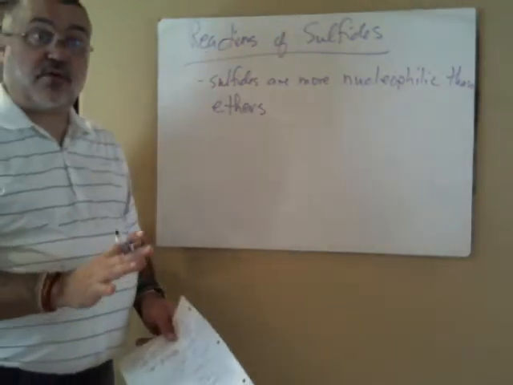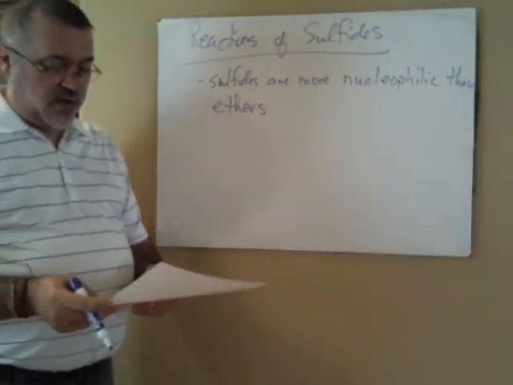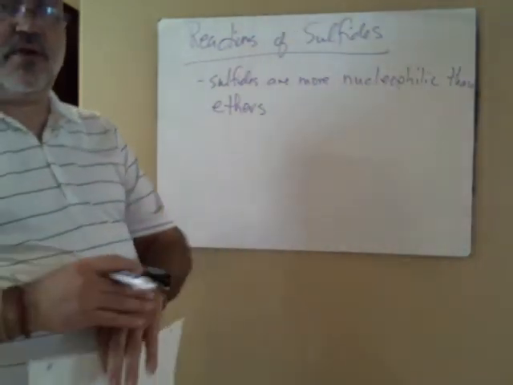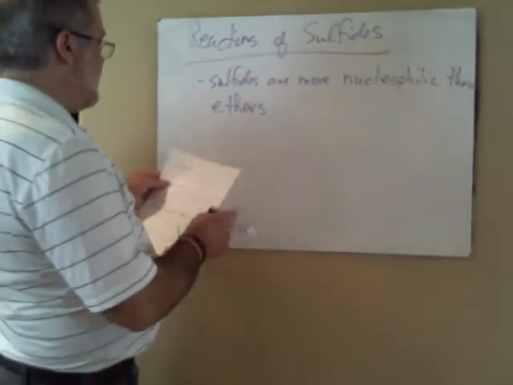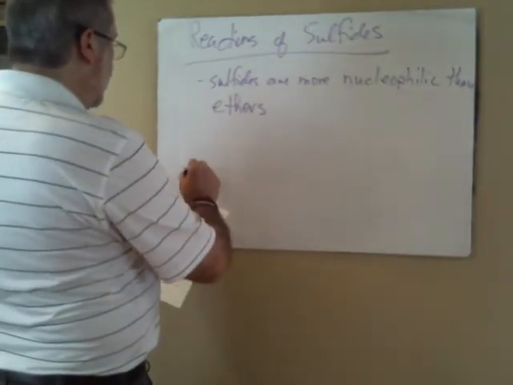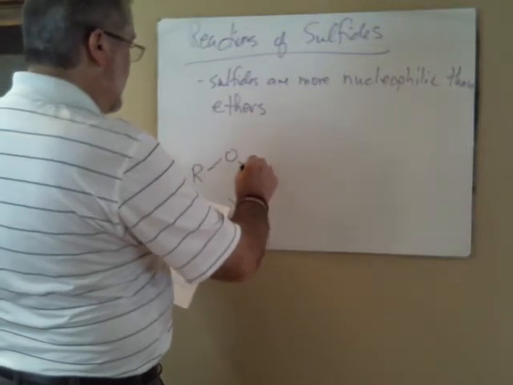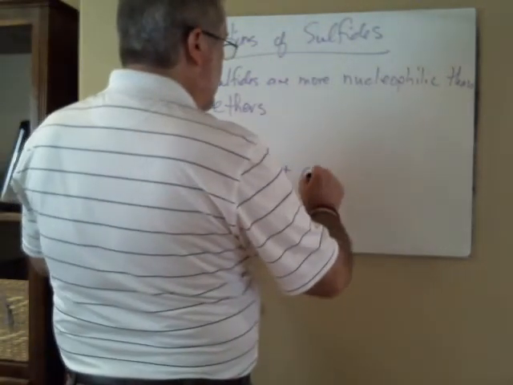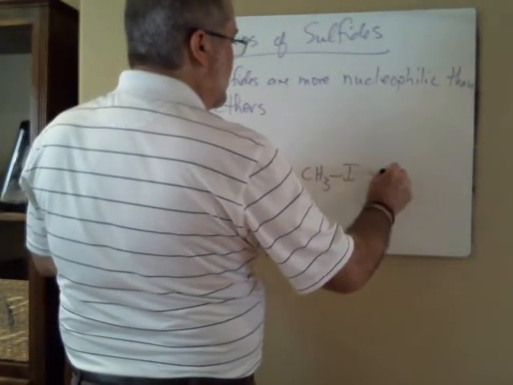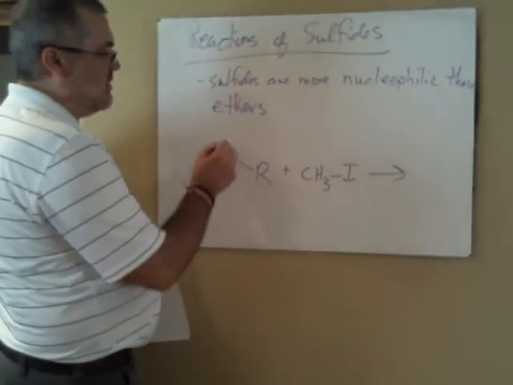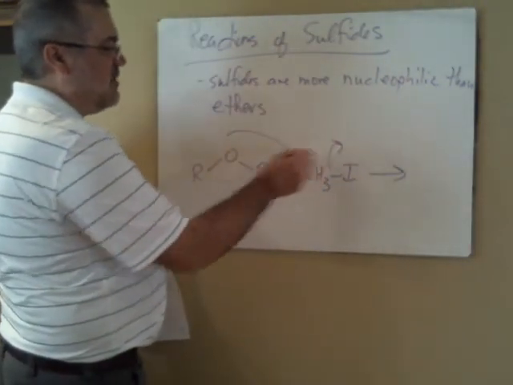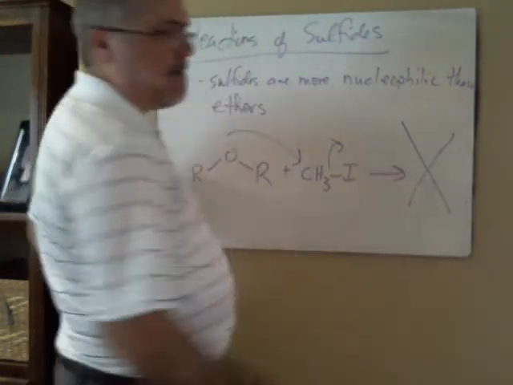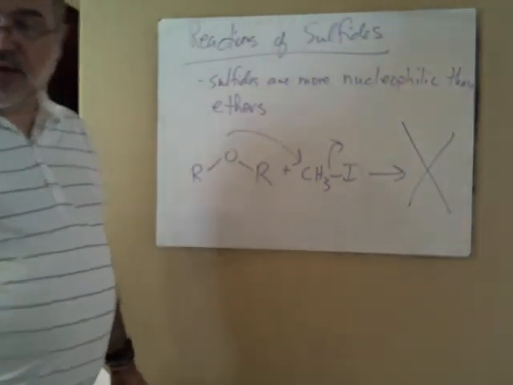So that sulfur group is more nucleophilic because, as I said, it's more polarizable. Electrons are farther from the nucleus of the atom. And so if we look at a comparison here, if we have this ether and we try to react it with an alkyl halide to see if this acts as a nucleophile and can alkylate the oxygen, this reaction does not work. You can't do it.